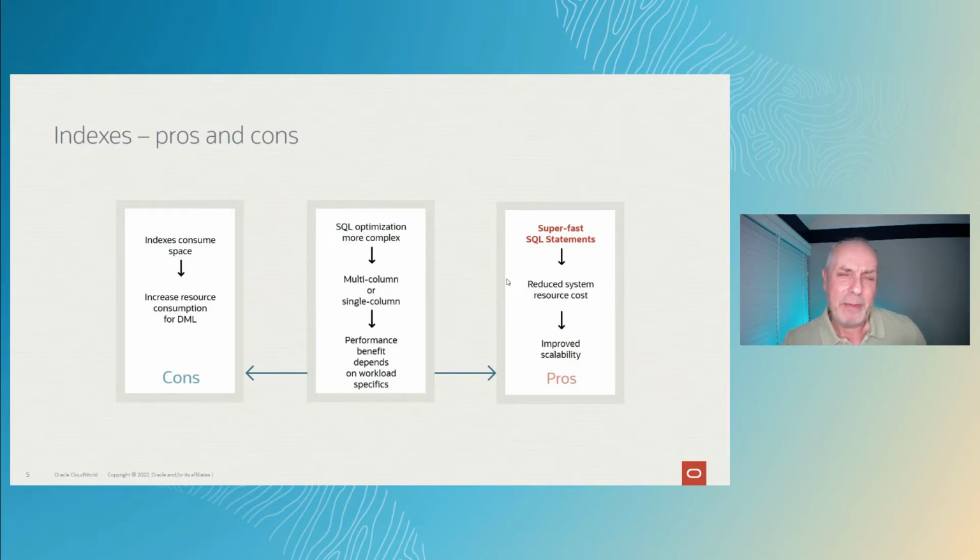But perhaps a more important consideration is that they do increase DML resource consumption. What I mean by that is, if data is inserted, updated, deleted, we have to manage the indexes as well. This is all done transparently, so the application doesn't need to do anything special.